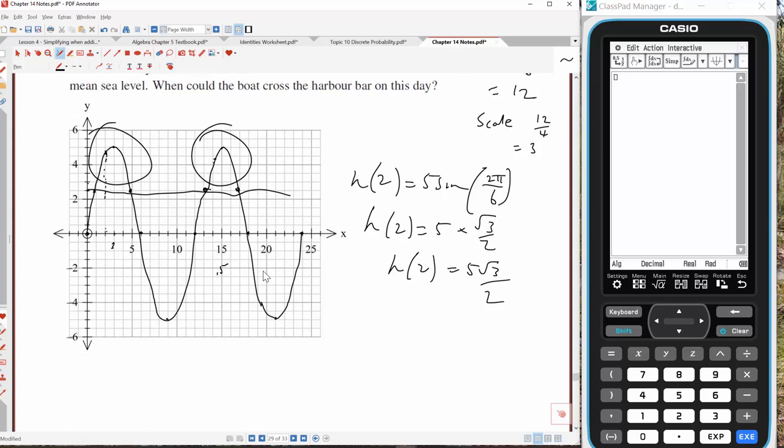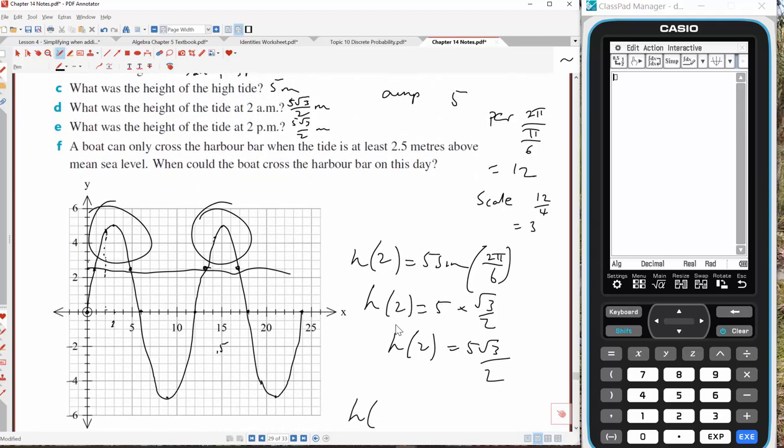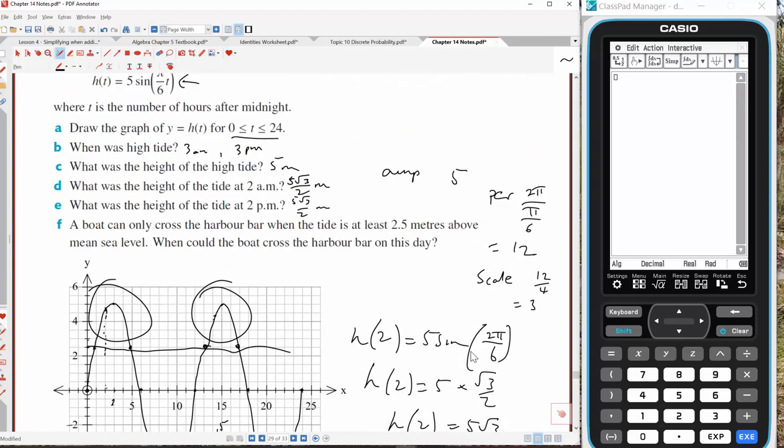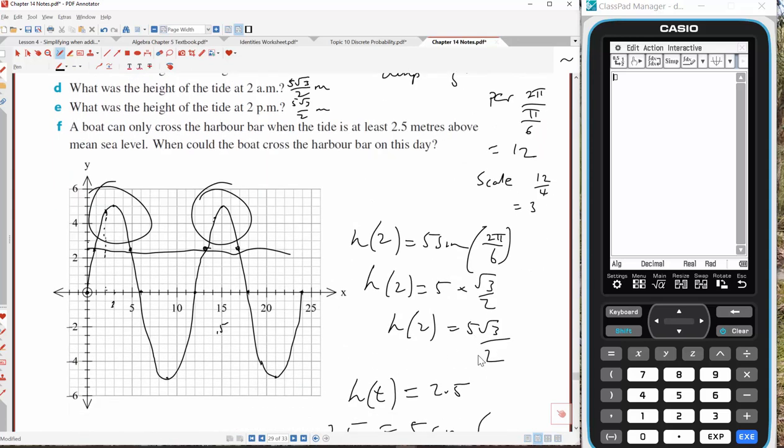So when could the boat cross the harbour bar? Well, it's when h of t equals 2.5. So let's try that. 2.5 equals 5 sine pi t on 6.